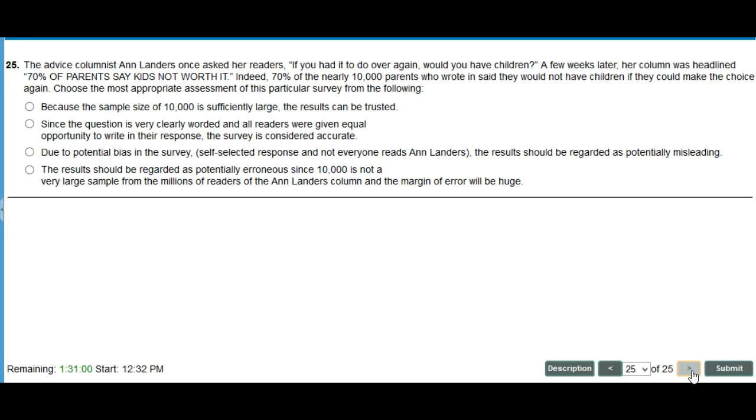Due to potential bias in the survey, self-selected response, and not everyone reads Ann Landers, the results should be regarded as potentially misleading. The results should be regarded as potentially erroneous, since 10,000 is not a very large sample size from the millions of readers of the Ann Landers column, and the margin of error will be too huge.